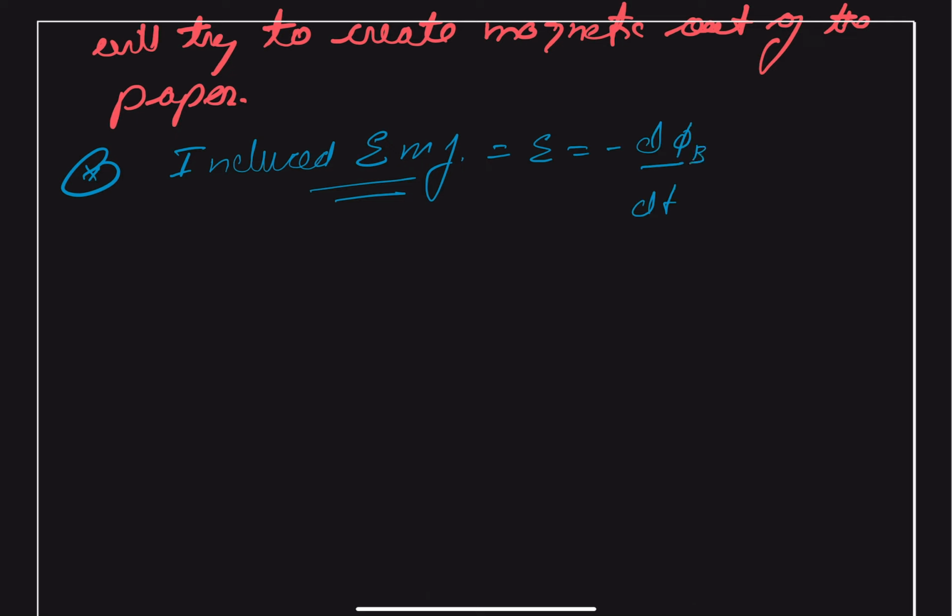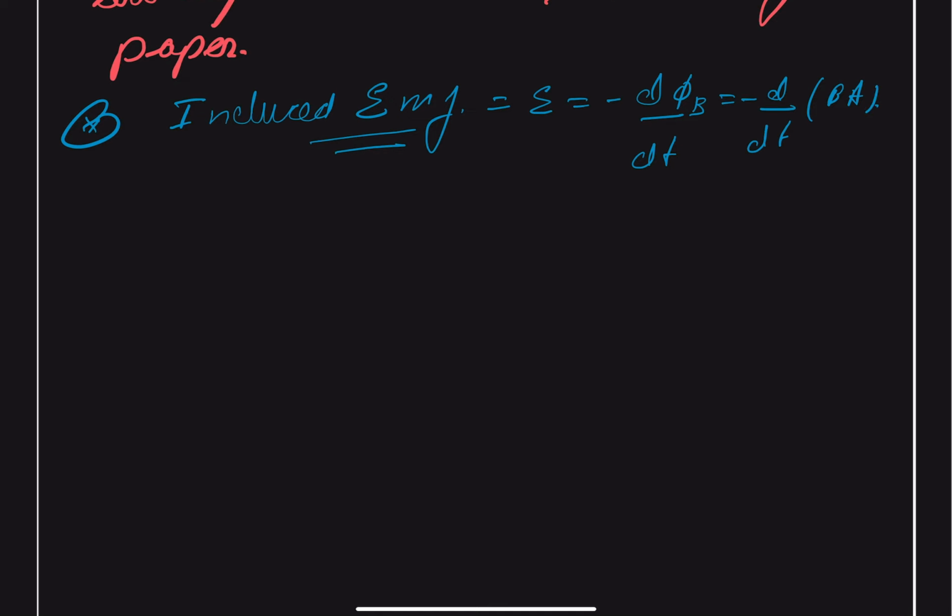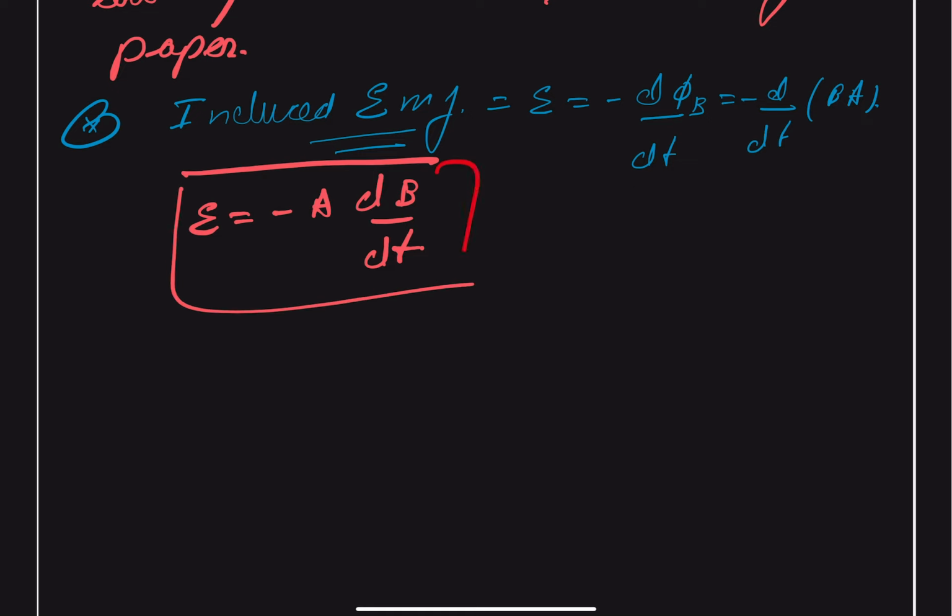So we can represent the magnetic flux phi B as magnetic field multiplied by area. So this becomes d by dt of B times A. And here A is constant, whereas the magnetic field is changing. We can say the induced EMF will be equal to minus A dB by dt. We are going to use this formula in the respective loops.